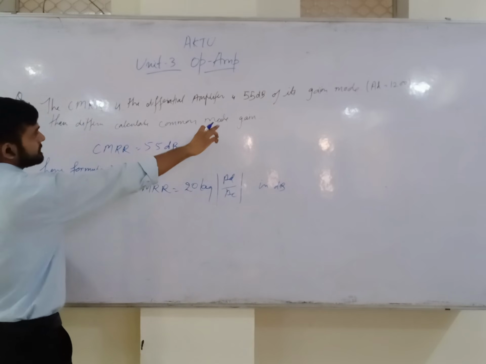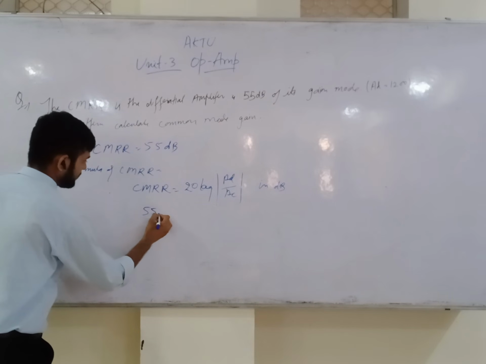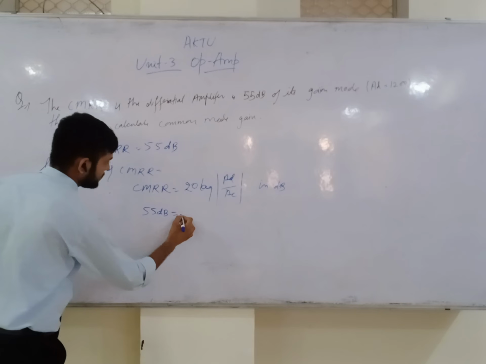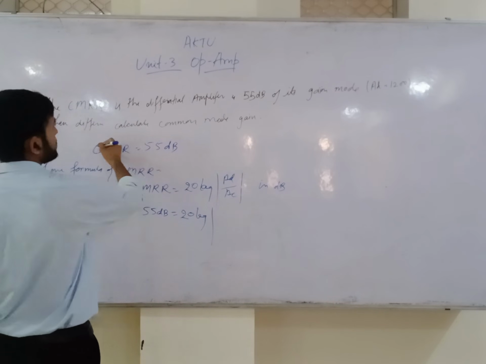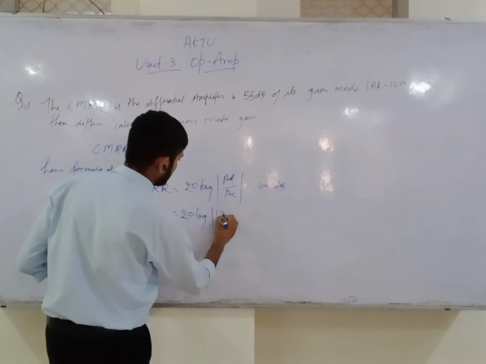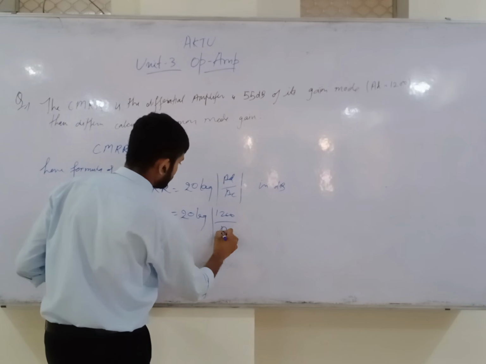So 55 dB, and AD is given as 1200. Now find AC.